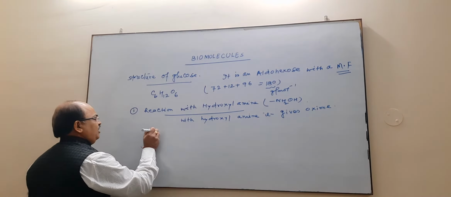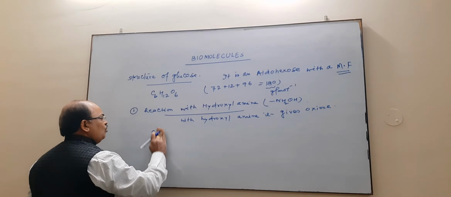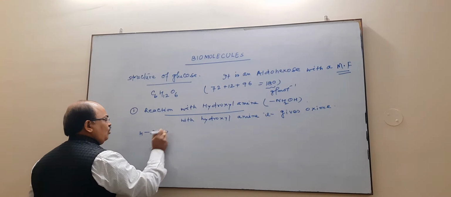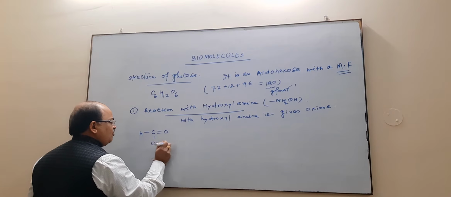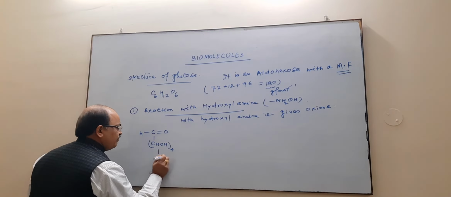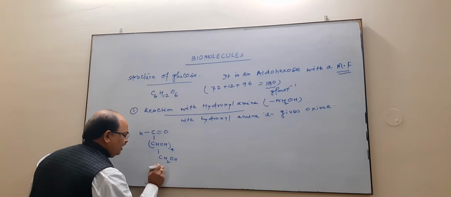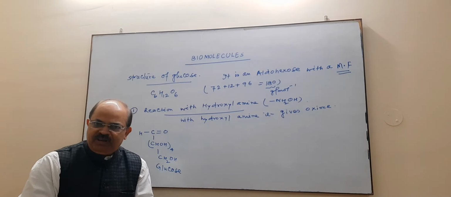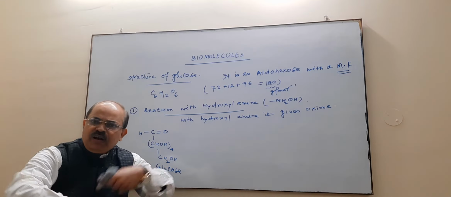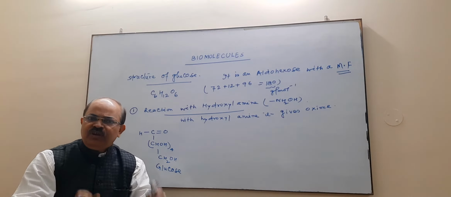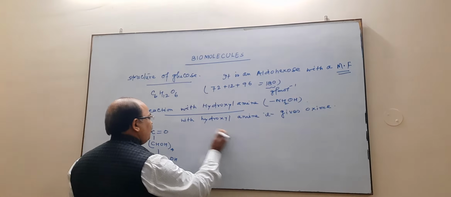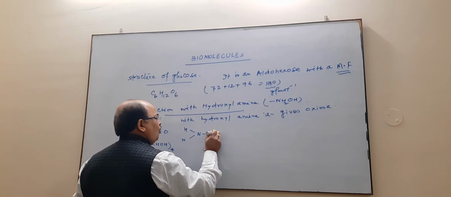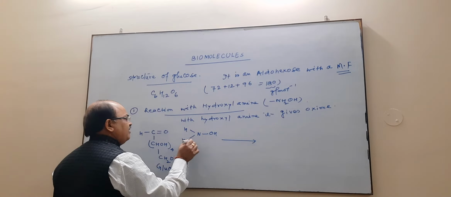Okay, say this is your glucose, say this is CHO group, CHOH whole 4, CH2OH. आप कहेंगे सर आपने पहले से एल्डिहाइड ग्रुप लिख दिया. ठीक है, ये कंफर्म हम लोग करेंगे by these reactions. So with hydroxylamine, see this is your NH2OH. So what happens?